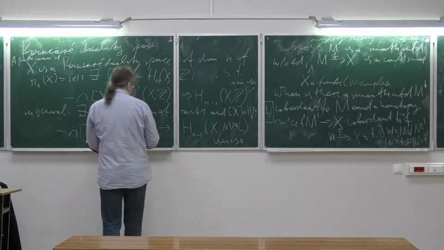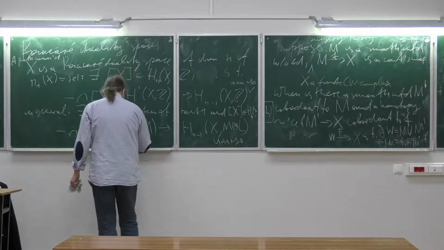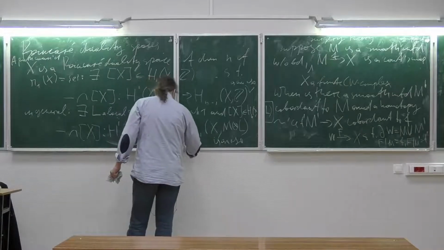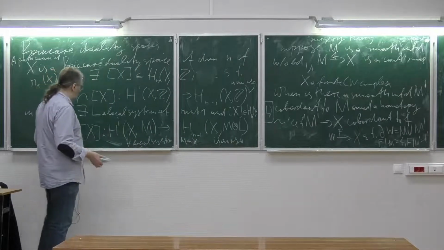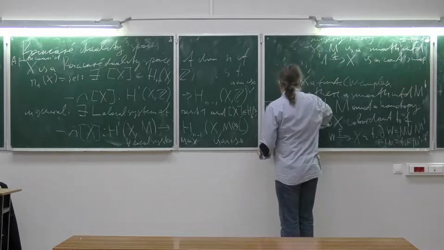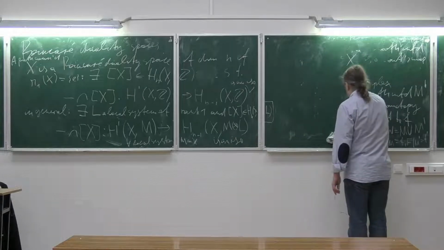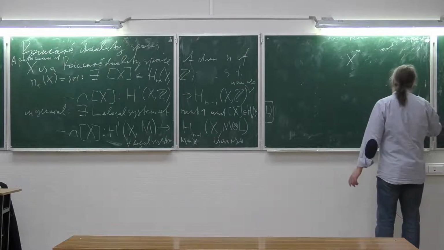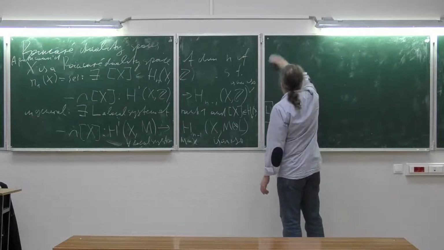So I require that this map should be an isomorphism for every local system M on X. And with this definition, all smooth manifolds become Poincare duality spaces, whether they are orientable or not.